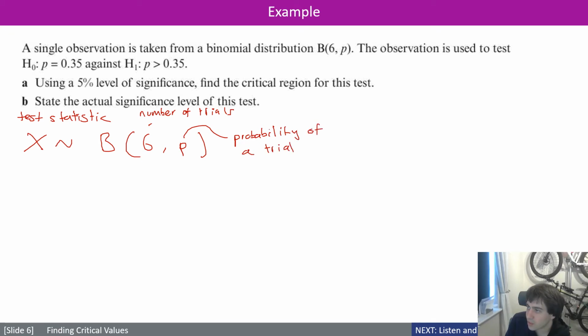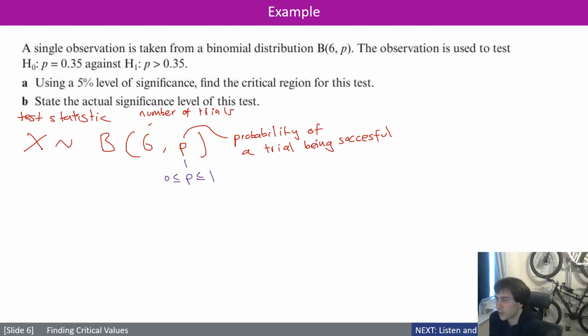Sorry, not out of these 6 times, out of each of those 6 trials individually has a probability p of being successful. So p, as is usual, but just to remind you, within a binomial on probability, it's going to be between 0 and 1, right?